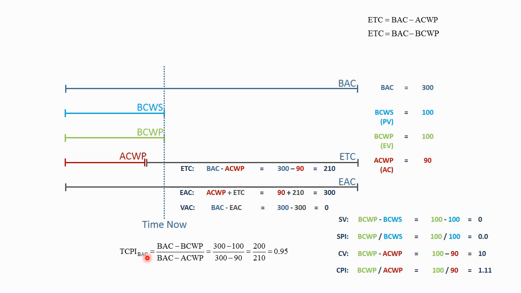The to complete cost performance index takes the budget at completion minus the budgeted cost of work performed. 300 hours of budgeted work minus 100 hours of work performed is 200 hours. So right here, there's 200 hours of work left to perform on the project. The denominator is the budget at completion minus the actual cost of work performed. 300 hours in the budget minus 90 hours spent is 210 hours.